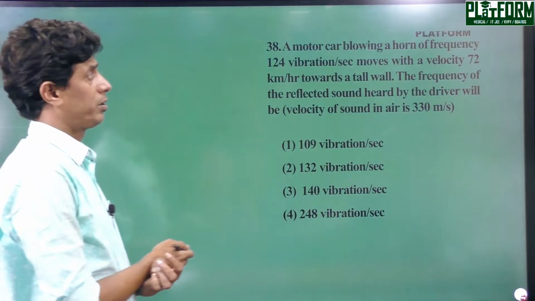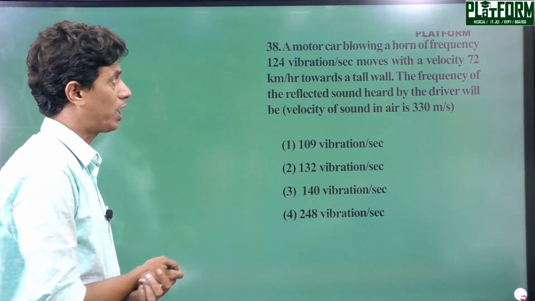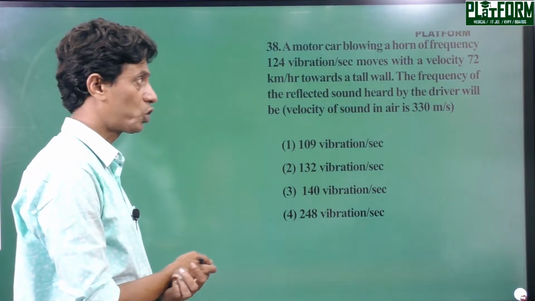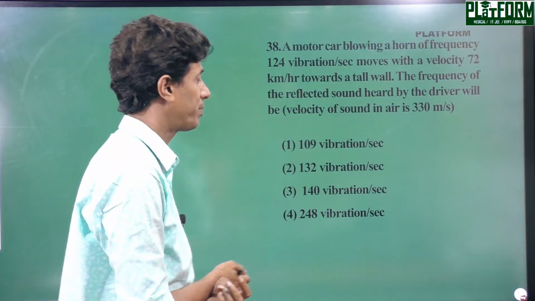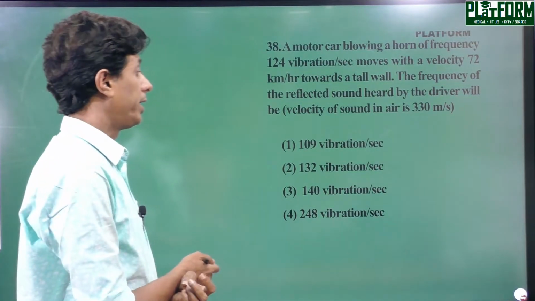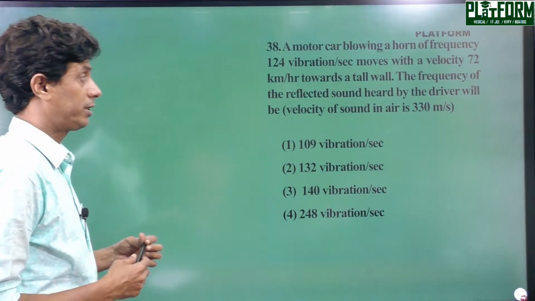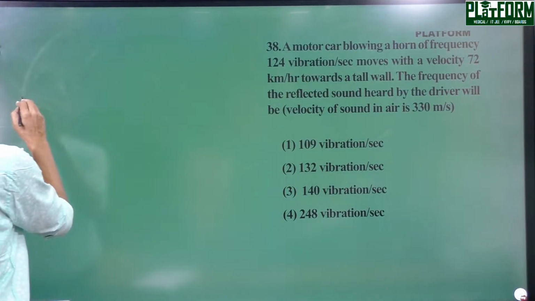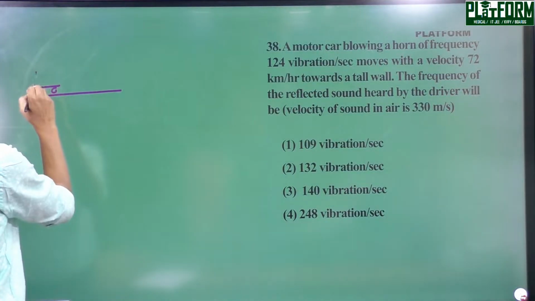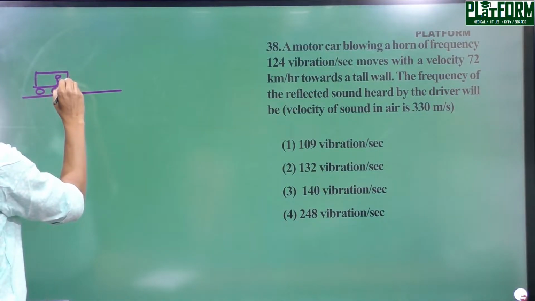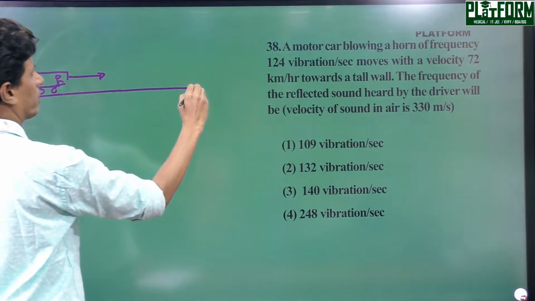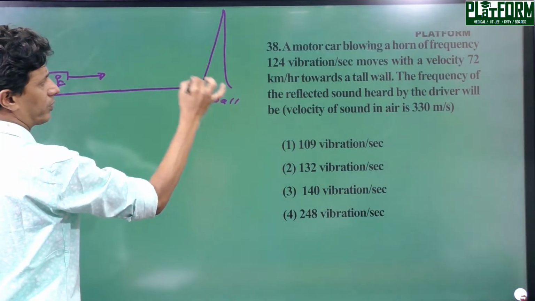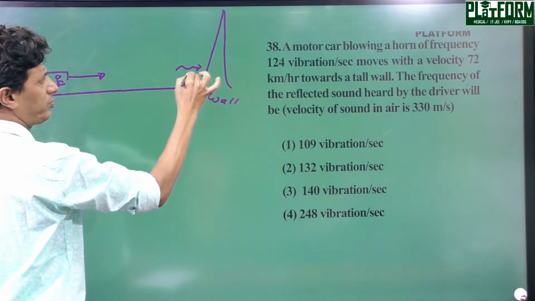A motor car blowing a horn of frequency 124 vibrations per second moves with a velocity of 72 km/h towards a tall wall. The frequency of the reflected sound heard by the driver will be. It is also based on a deleted topic, the Doppler effect. Here is the driver with a car moving, and here is the wall, with frequency n prime.